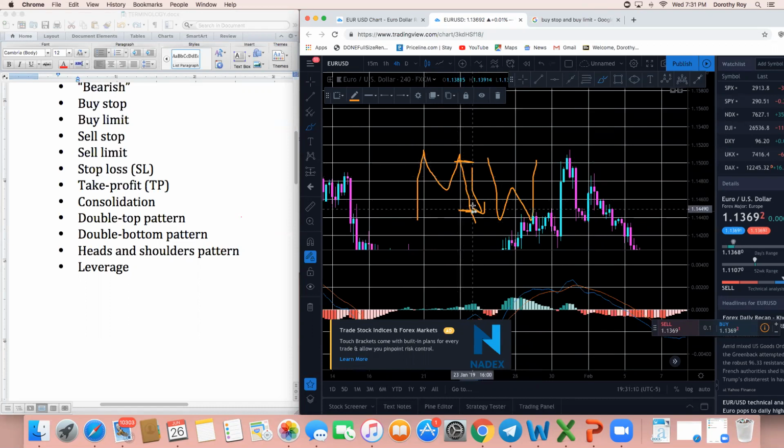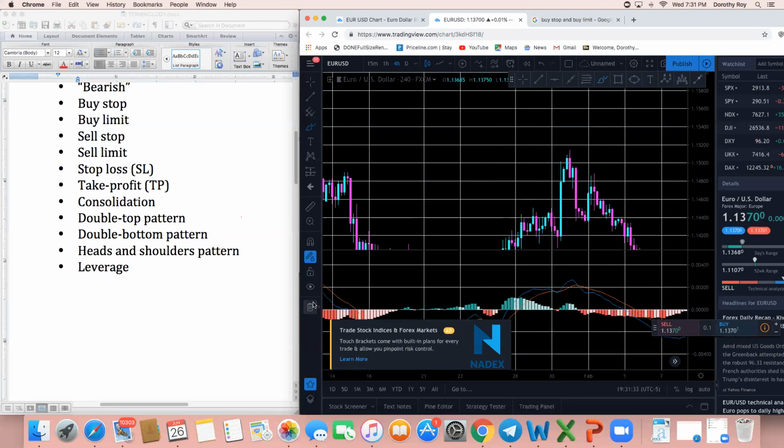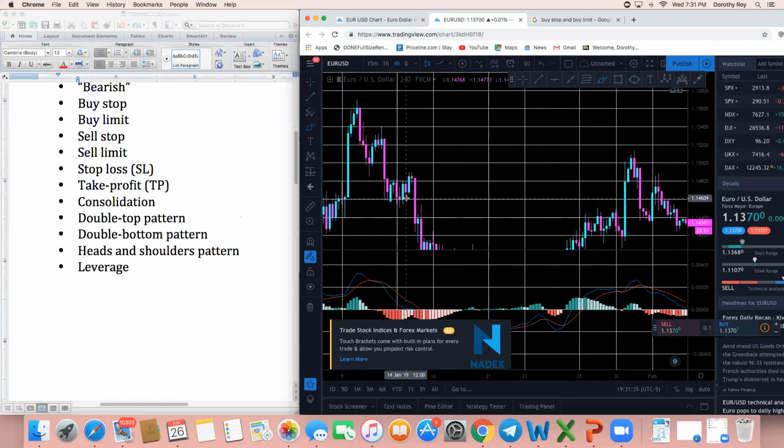You would pretty much catch this right here, and then same thing for this on the opposite side. You would probably start right here and then get out a little above the end of the last time it went down. So that's a double top and a double bottom pattern. Super handy.